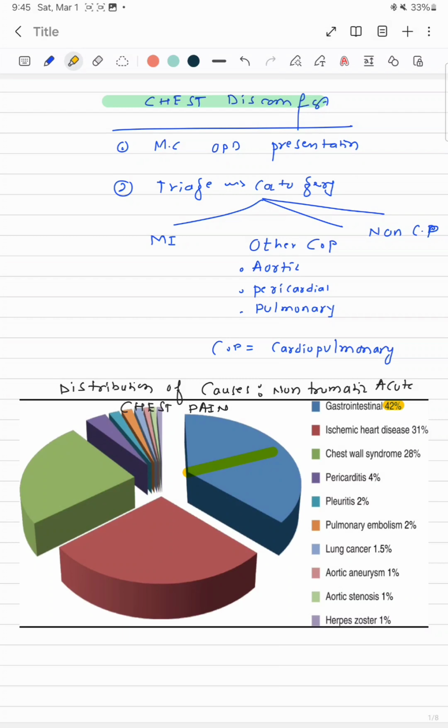The second most prevalent cause is ischemic heart disease, up to 31-32%. Other than that, chest wall syndromes 28%, pericarditis, pleuritis, pulmonary embolism, lung cancer, aortic aneurysm, aortic stenosis, and herpes zoster. These are the distribution of causes.